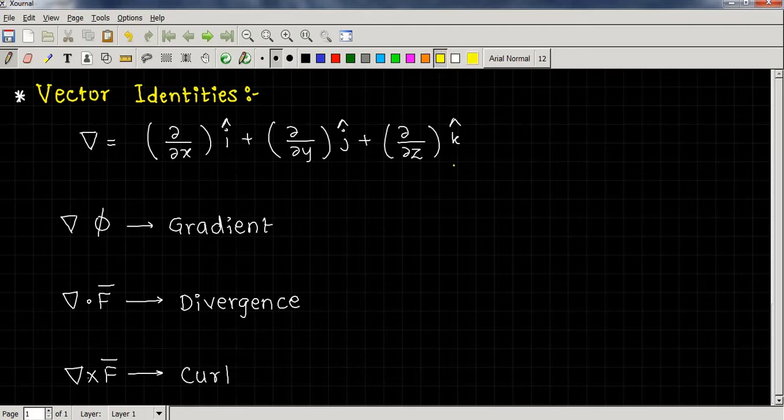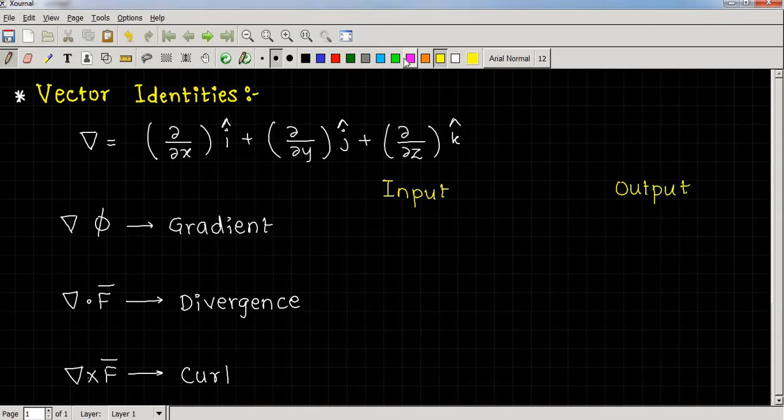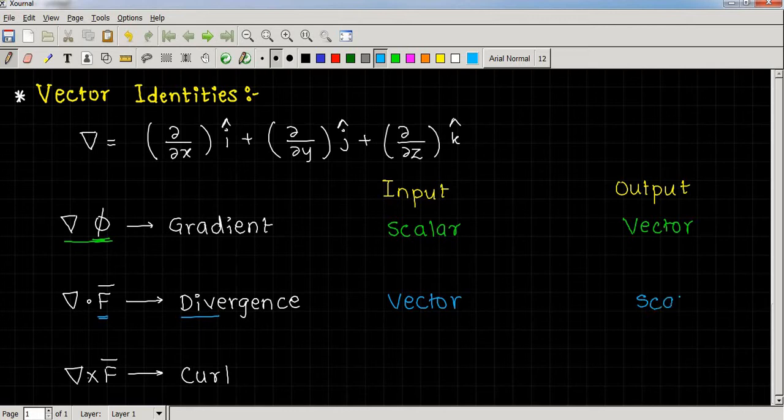So here, while solving this, we have to consider the input function as well as the output function. For calculating gradient, we require a scalar function. Scalar function phi, when we operate vector differentiation operator del, we get a vector quantity. Similarly, for calculating divergence, we need a vector function as input function, and resultant output is a scalar quantity.